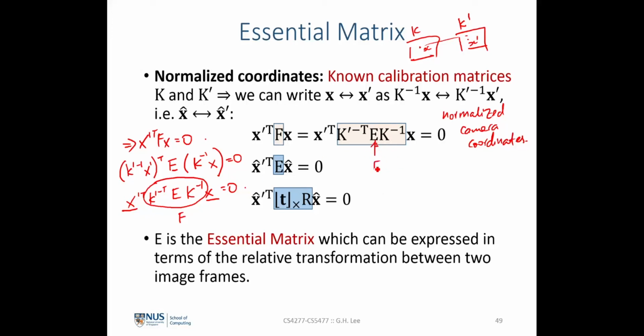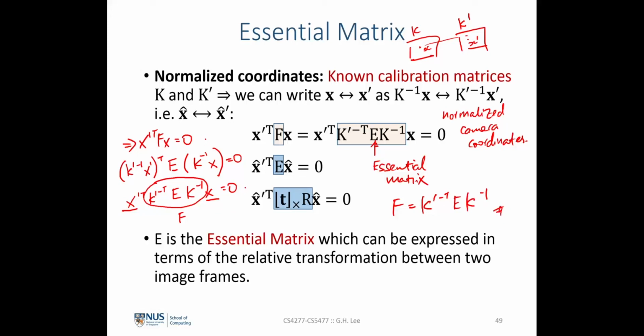We'll call this the essential matrix, with the relation F equal to K prime inverse transpose E K inverse.